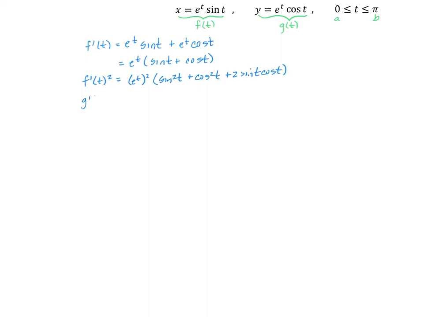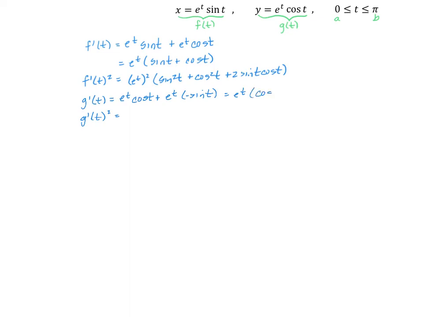Now, g prime of t is going to be similar. So product rule, I'm going to take the derivative of e to the t, keep cosine t, plus keep e to the t, derivative is negative sine. And then when I take g prime of t and I square it, again, I'm going to look at factoring out e to the t.